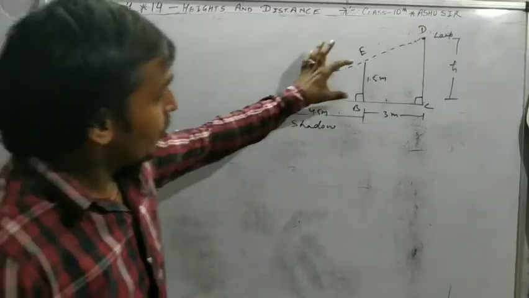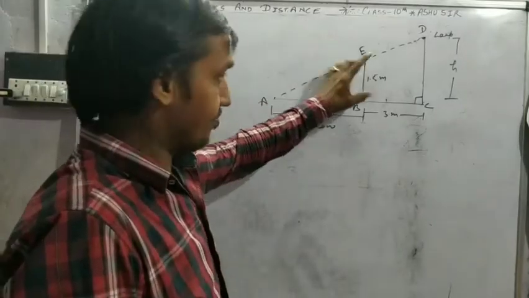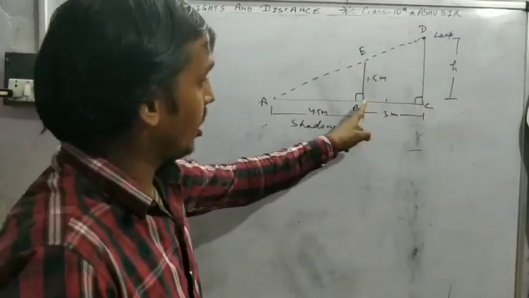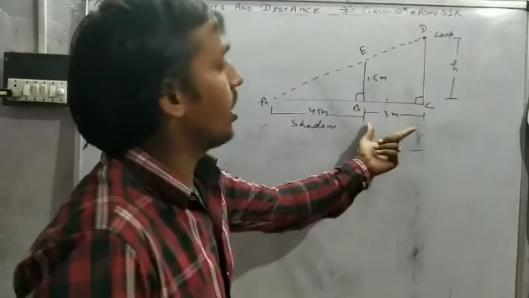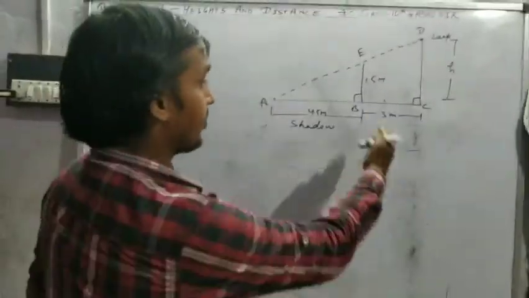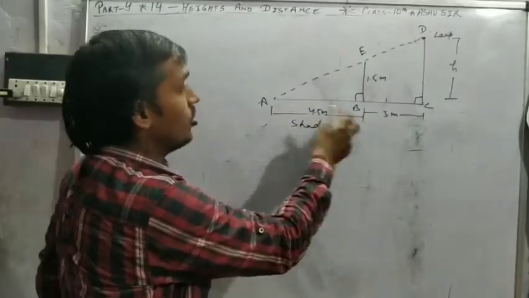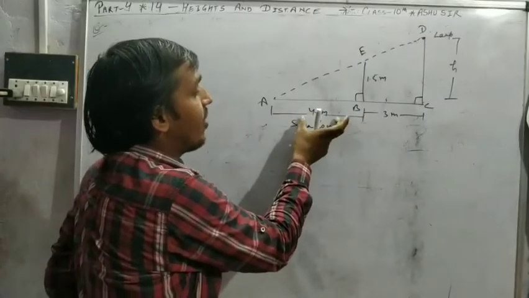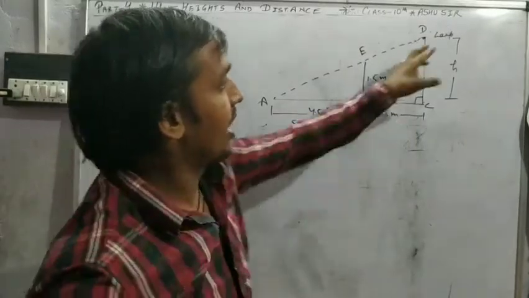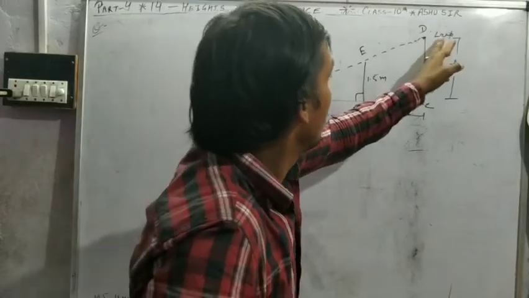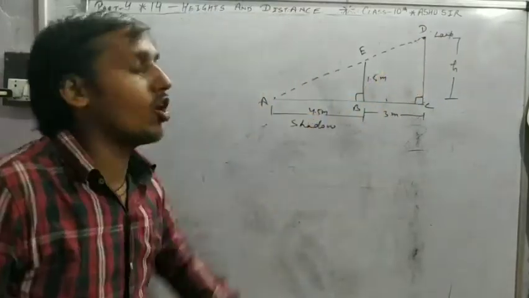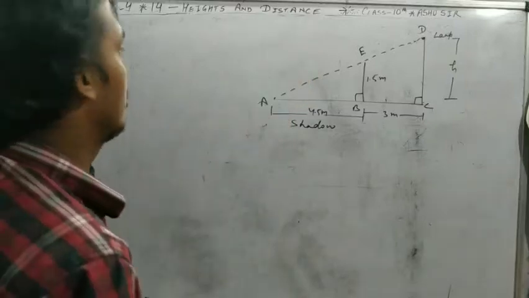Means a 1.5 meter tall girl stands here, 3 meter from the lamp post, and makes a shadow of 4.5 meter. When the light is on, they make a shadow 4.5 meter long. So what is the height of the lamp post?